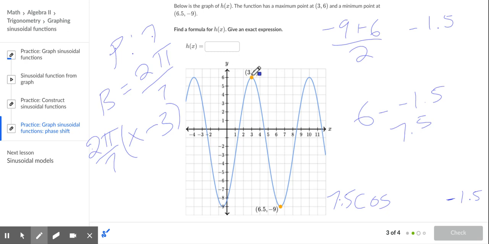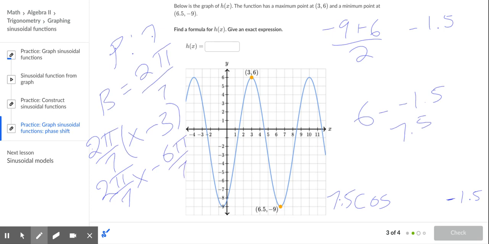So I'm going to subtract 3 going to the right because my maximum would have been here without a shift. It's moved 3 to the right. So this is my shift. And so I just need to distribute that. So I have 2 pi over 7 x minus 6 pi over 7.